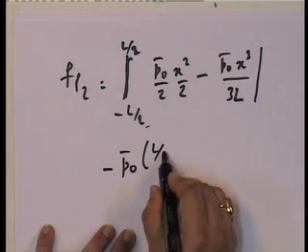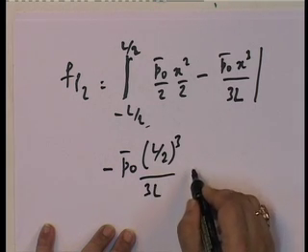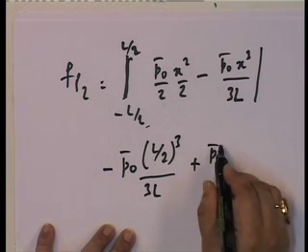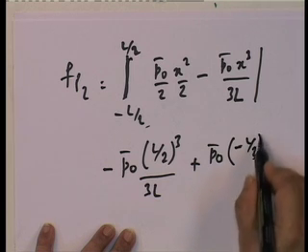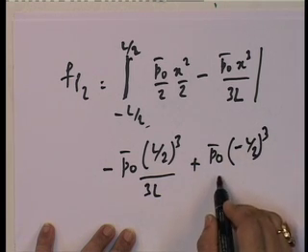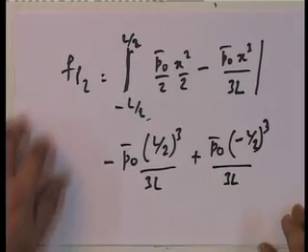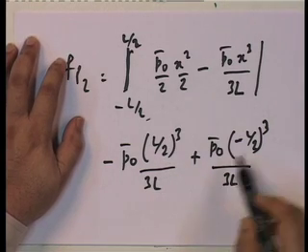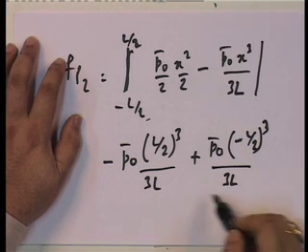So, this becomes L by 2, 3 by L, and then plus p naught minus L upon 2 cubed upon 3L. So, if you look at this, this becomes L cubed by 8, okay, and this is again minus L cubed by 8. So, L cubed by 24.